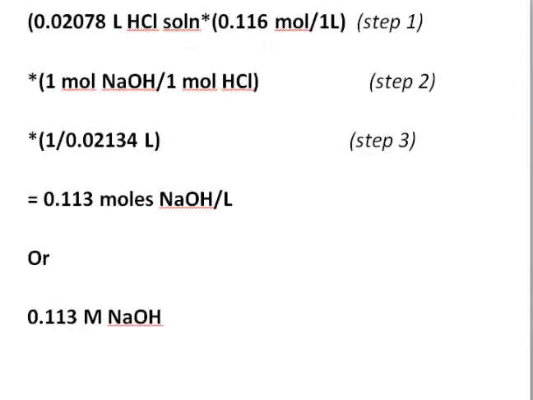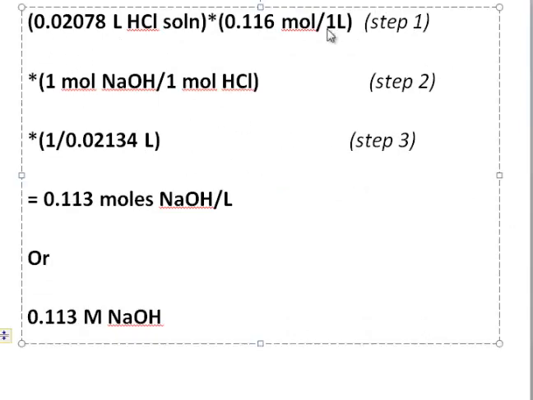Once you've identified the steps, you put them together. Step 1 is molarity of HCl times the volume. Note I've converted the volume to liters. Step 2, 1 mole of sodium hydroxide over 1 mole of HCl converts from moles of HCl to moles of NaOH.